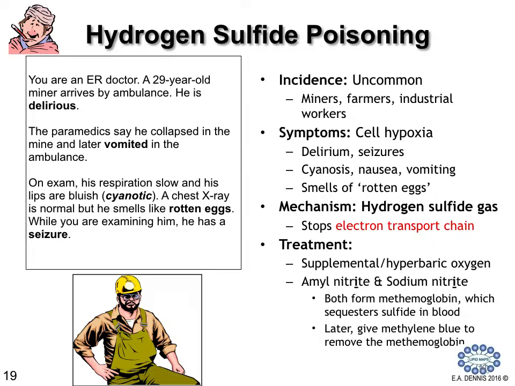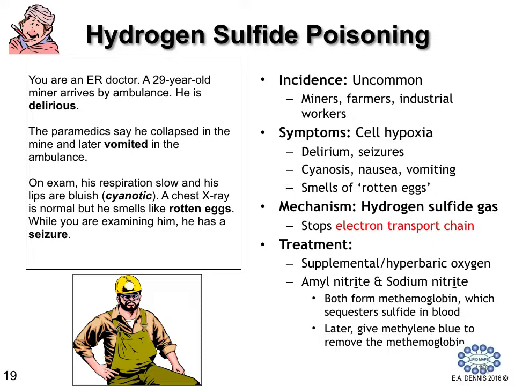A miner arrives by ambulance, and he is delirious. The paramedics say that he collapsed in his mine and later vomited in the ambulance. On examination, you see that his respiration is slow, his lips are bluish, they use the word cyanotic, and a chest x-ray is normal, but he smells like rotten eggs. And while you are examining him, he has a seizure.